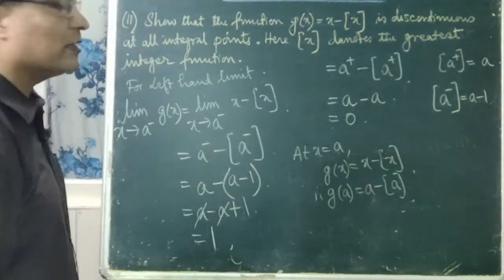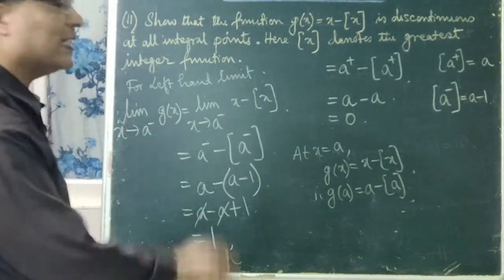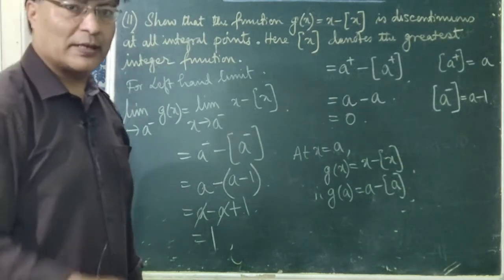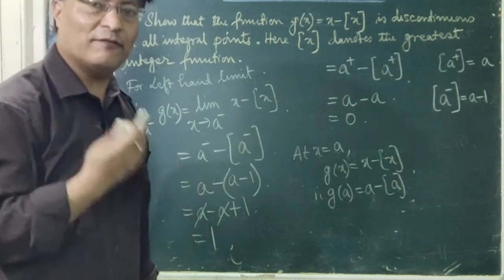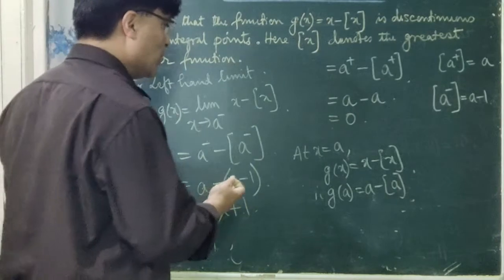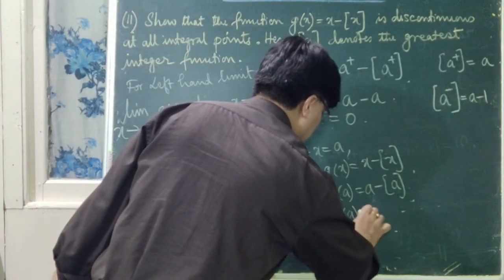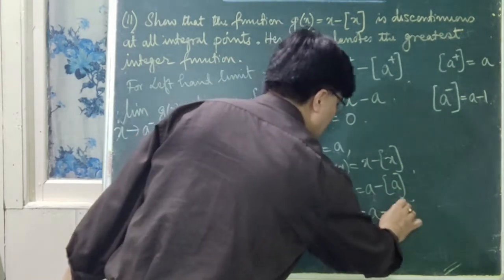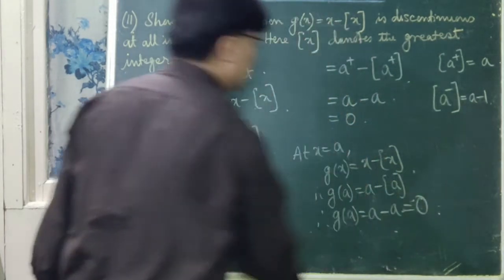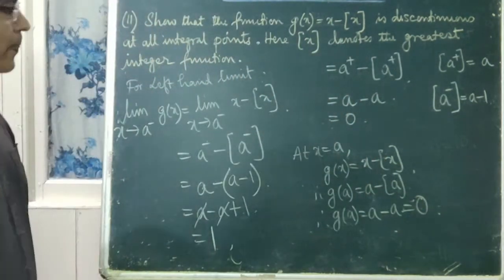Here a is an integral value, right? Therefore g of a is equal to a minus a, which is equal to 0.